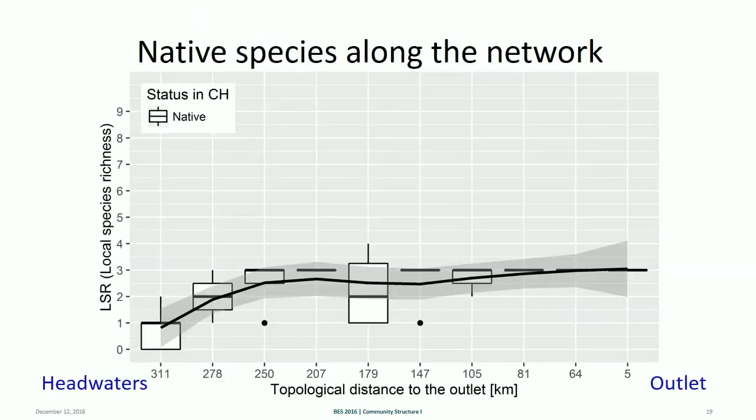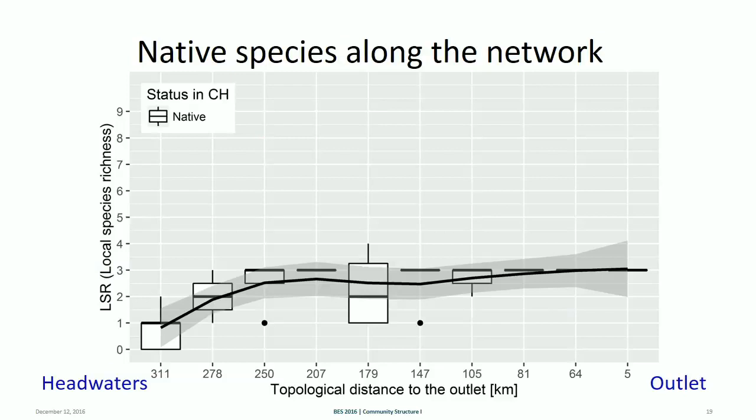Things are getting more interesting when looking at how these species are distributed along the network. So on the left-hand side there are headwater sites, and then moving downstream along the network you end up in the outlet sites. And when plotting native species along the network, you can clearly see that they are quickly increasing as expected.